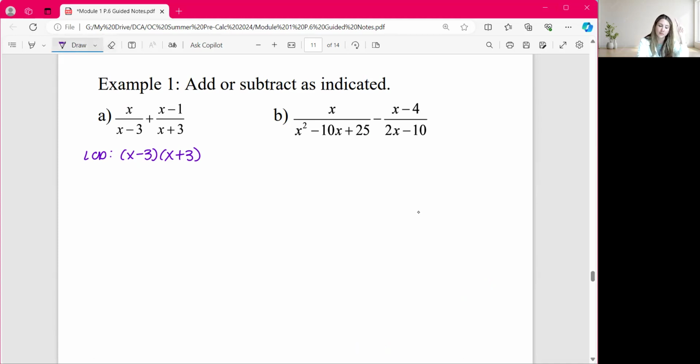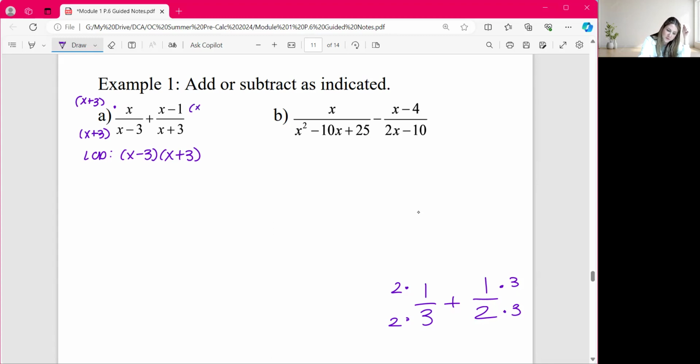And now we multiply just like we would over here. Over here, I would multiply this by 2, and over here, I would multiply this by 3. You multiply by the missing factor. So I'm going to multiply this one by x plus 3. Whatever I do to the numerator, I have to do to the denominator.